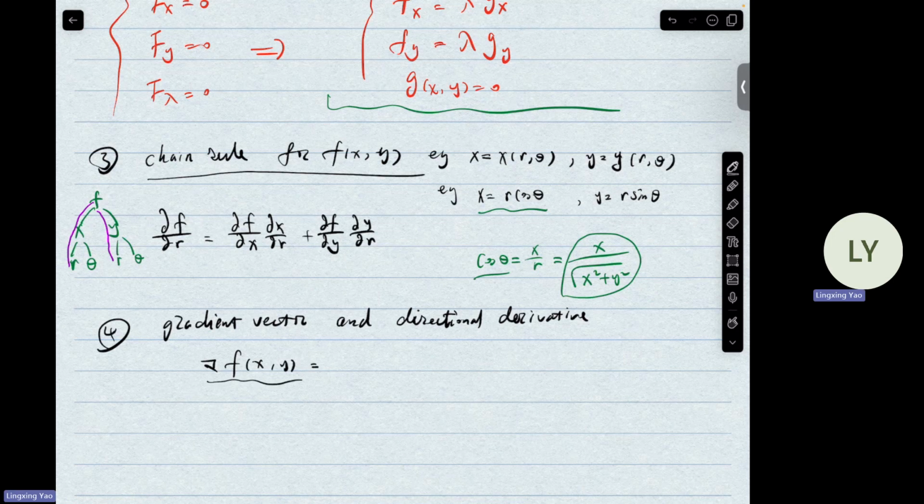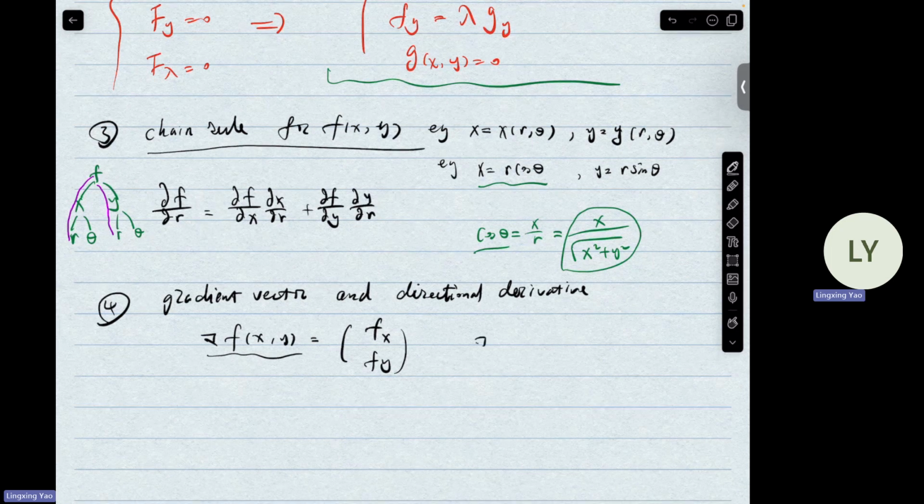So for example, if we have f, which depends on two variables, x and y, and then we're going to get the gradient vector for this scalar function, which is a two-dimensional vector. And the two components of this gradient vector will be the partial derivatives.